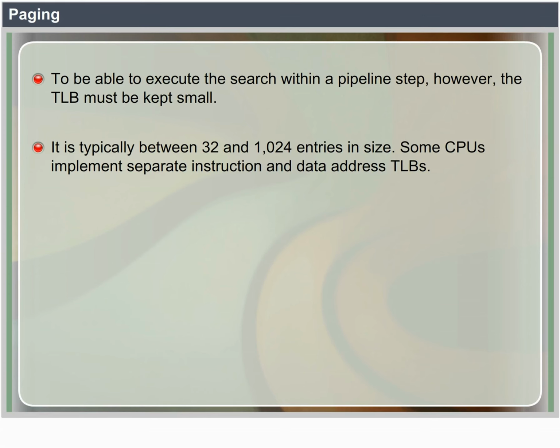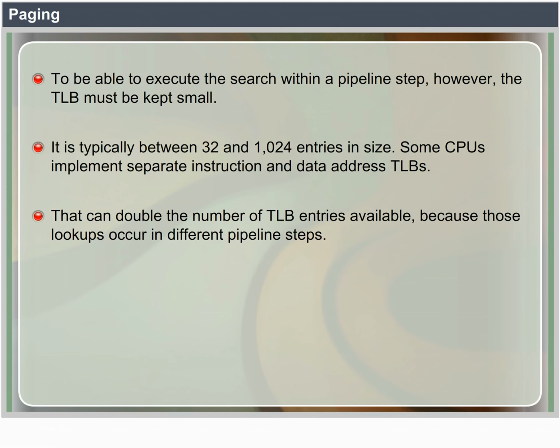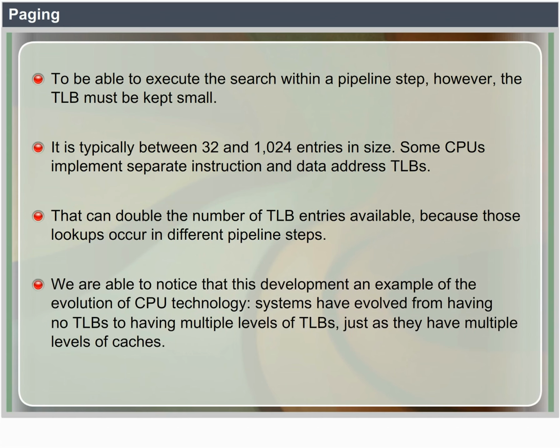Some CPUs implement separate instruction and data address TLBs. That can double the number of TLB entries available because those lookups occur in different pipeline steps. We can see in this development an example of the evolution of CPU technology. Systems have evolved from having no TLBs to having multiple levels of TLBs, just as they have multiple levels of caches.